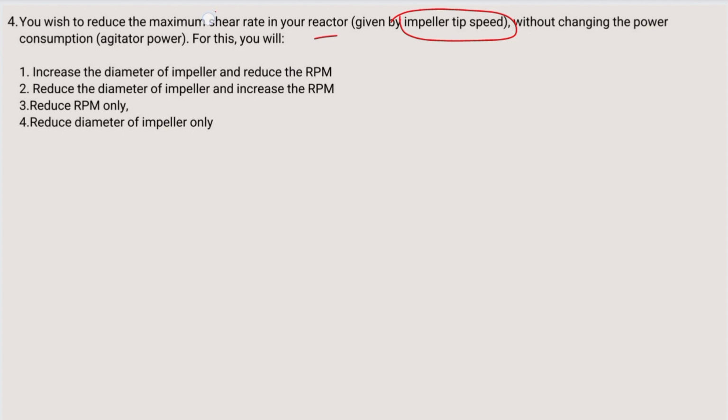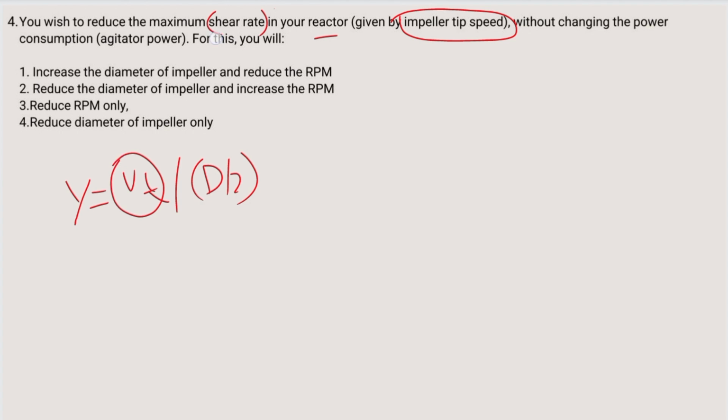For the shear rate, if we take the shear rate as gamma, it will be equal to Vt divided by D by 2, and this Vt is the tip speed.